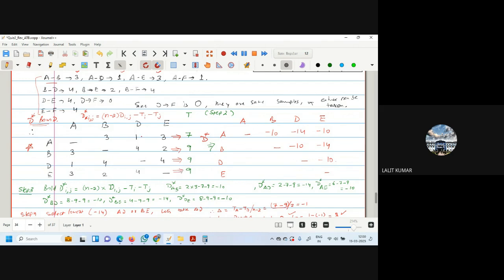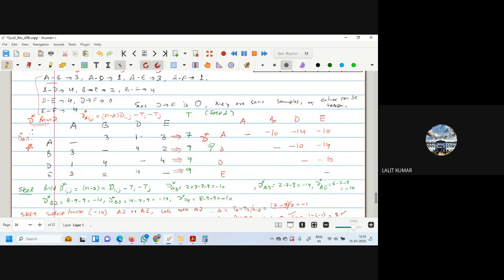Now I have to build, for example, D star ij. Here n is the number of your samples, so it is 4. So this will become (4 minus 2) times D. I have to find D star AB. So this will become 2 times the distance of A to B, which is 3, that is 6, minus Ti, which is 7, minus 9.